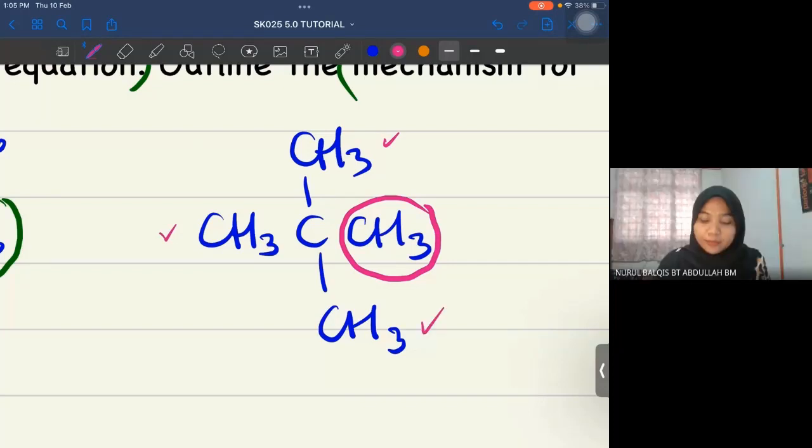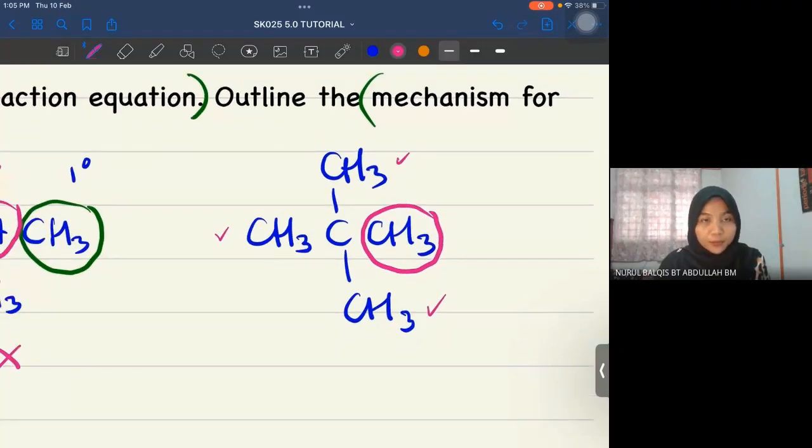Betul. Jadi boleh tak kita kata structure ni yang sesuai untuk dapatkan only one product? Because we have only one type of hydrogens here? Boleh. So kita akan ambil structure ni lah. What is the name of this structure? Could you please tell me? How are you going to name this structure? Apa nama dia?